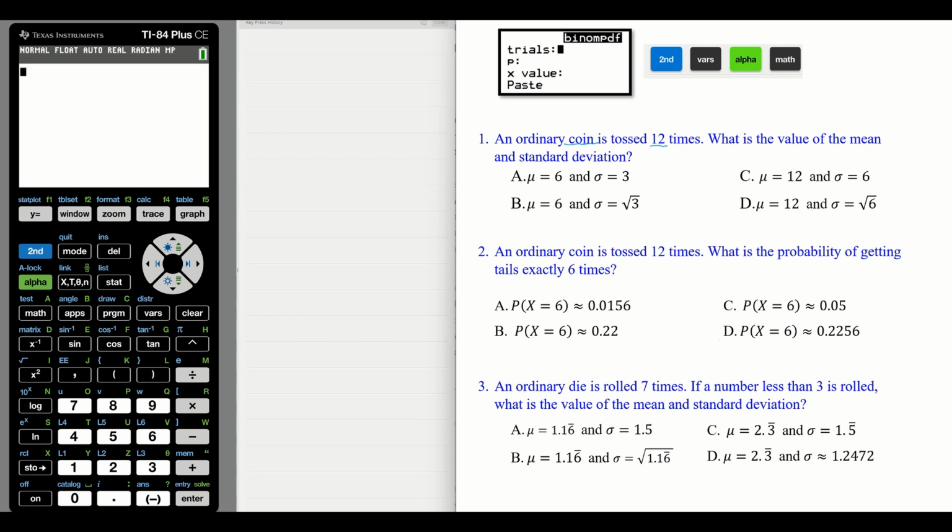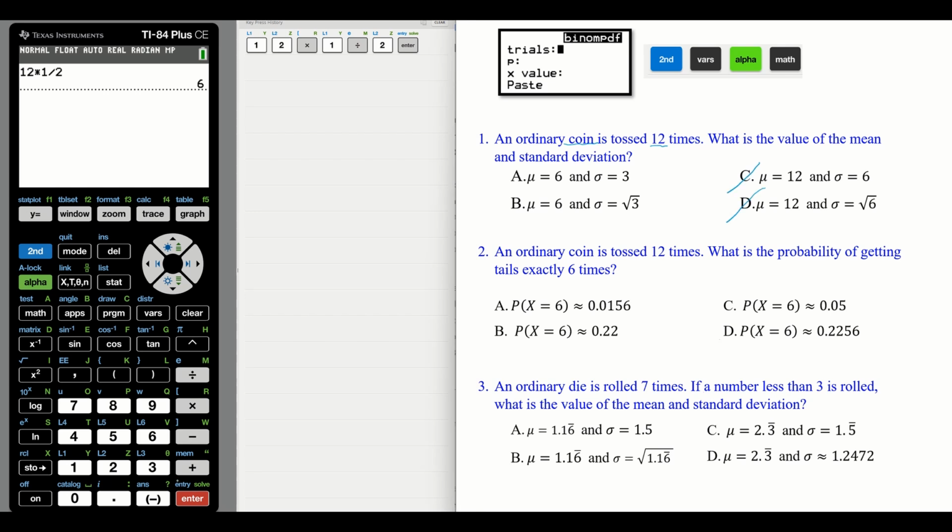So that is 12 times a half. Well, we know that that's 6. But I recommend that during any given test that you go ahead and put that in the calculator. So that's times 1 divided by 2. Obviously, that'll be 6.